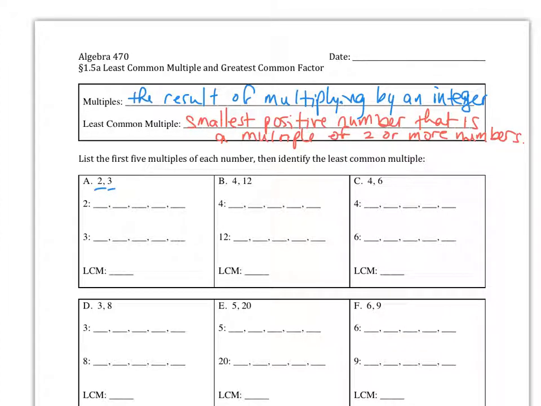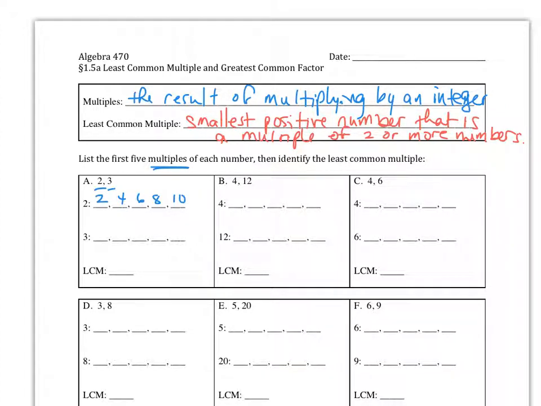Multiples mean that we are going to multiply until we get a number that both lists have in common. The common part of least common multiple means it has to be in both lists. So I start with 2 times 1, which is 2. Then 2 times 2 is 4, 2 times 3 is 6, 2 times 4 is 8, 2 times 5 is 10.